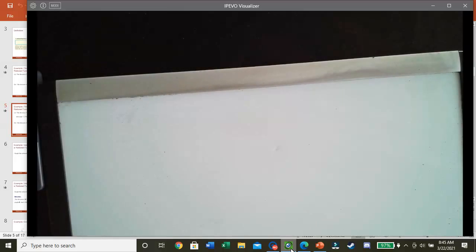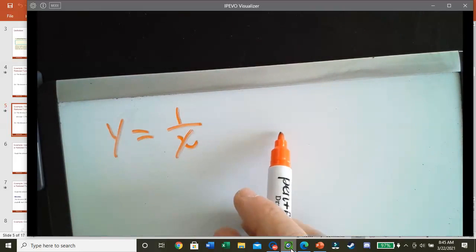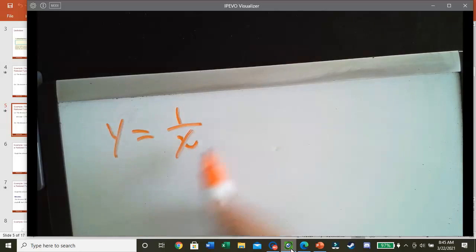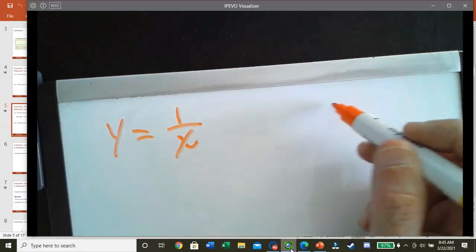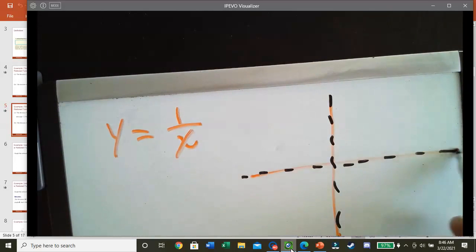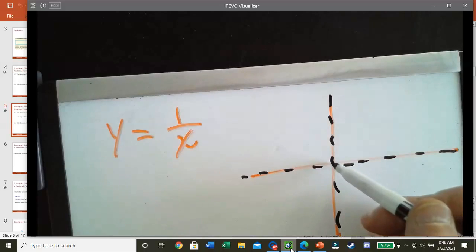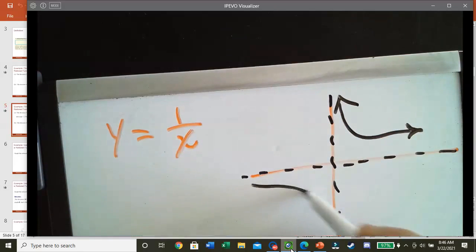And so with y equals 1 over x, okay, this is a rational function, right? Where we have a vertical asymptote and we have a horizontal asymptote that crisscross at the origin, and then we have two curves.